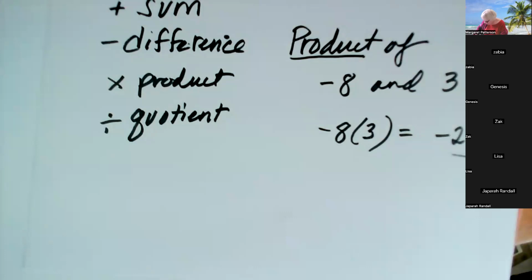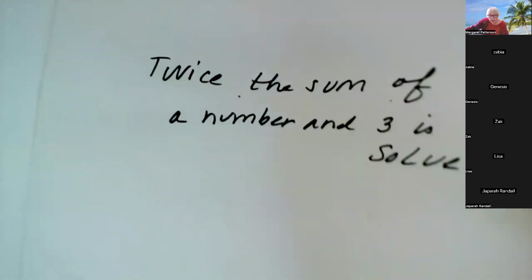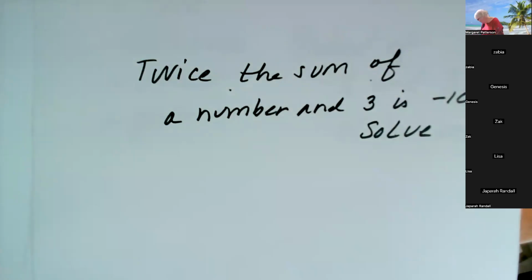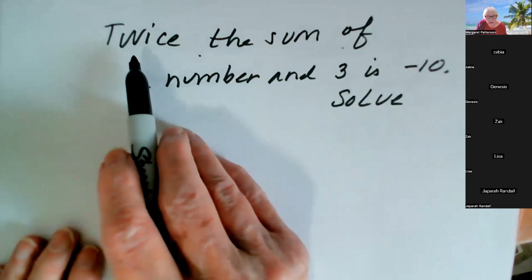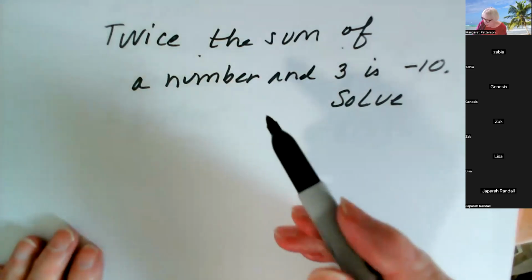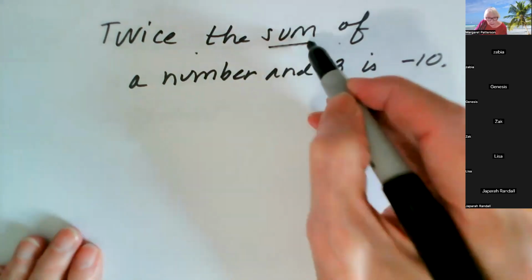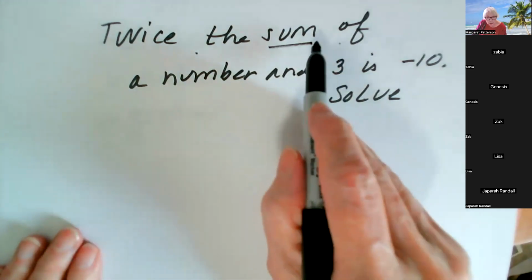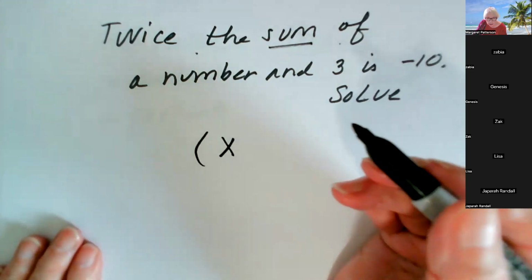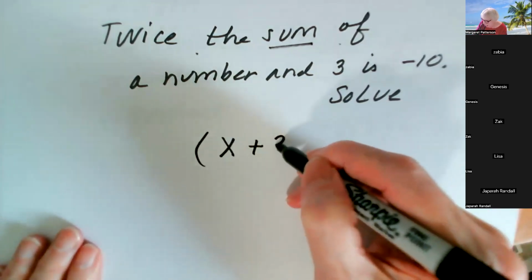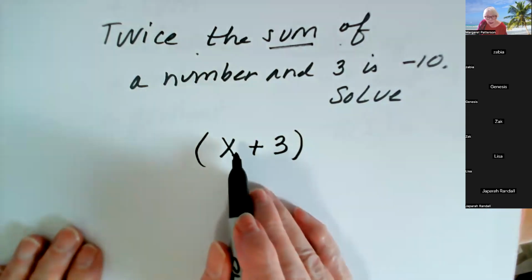Let me see if I can find it. Oh, here it is. Good job thinking about that. Thank you. I skipped over that one by mistake. So this one is twice the sum. Now remember, sum is adding. So the sum of a number and 3, I'm just going to use X. That's the sum, X plus 3.